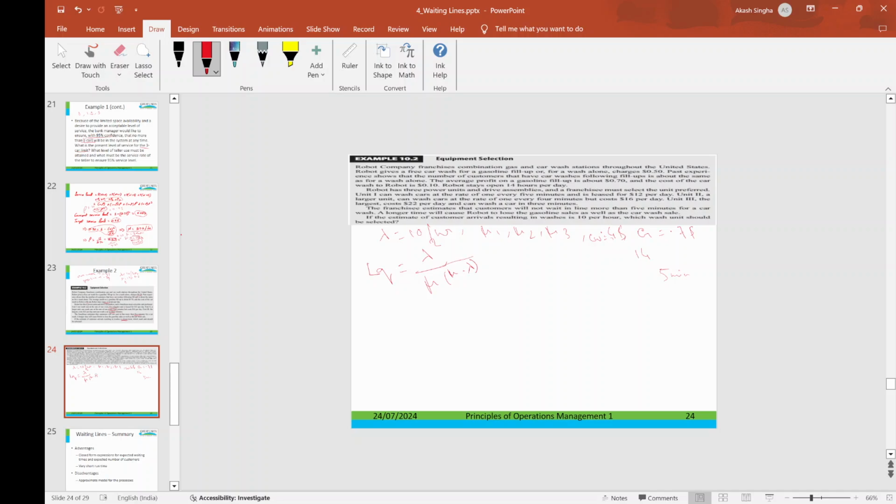By the way, is this an MM1? Sorry, give me one moment. Sorry, is this an MM2, right? So how do we understand if it is an MM1 or MM2? Here the 10 per hour is the rate of arrival, and the service rates are mu1, mu2, and mu3. It is not given that it is exponential.